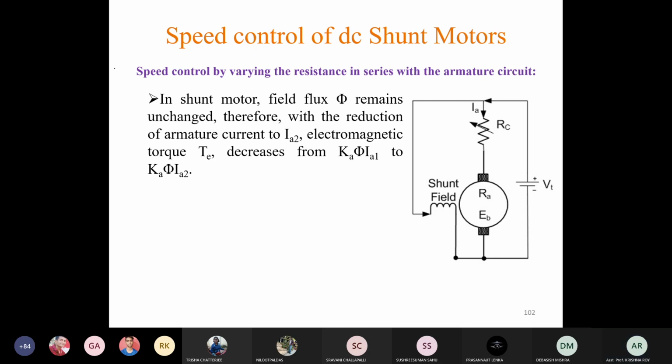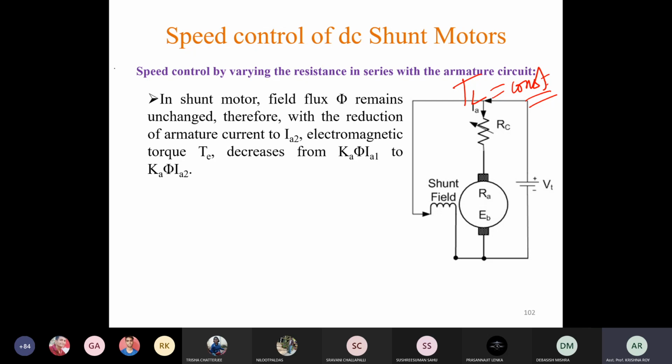Load torque TL is constant, whatever load is connected with the shaft of this motor, that remains fixed, but the generated torque can vary depending upon the variation of flux or armature current. For a DC shunt motor our flux is fixed, so we can vary the armature current. Depending on the value of armature current, we can change the value of developed torque.